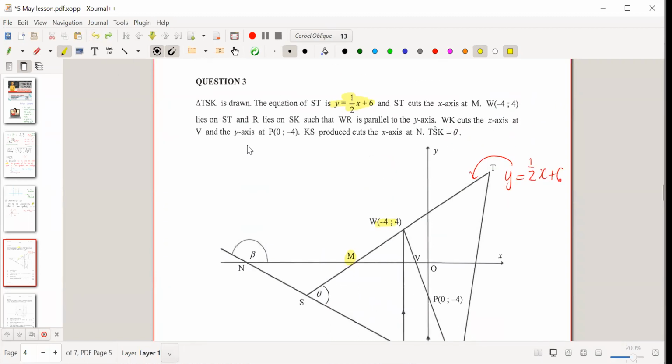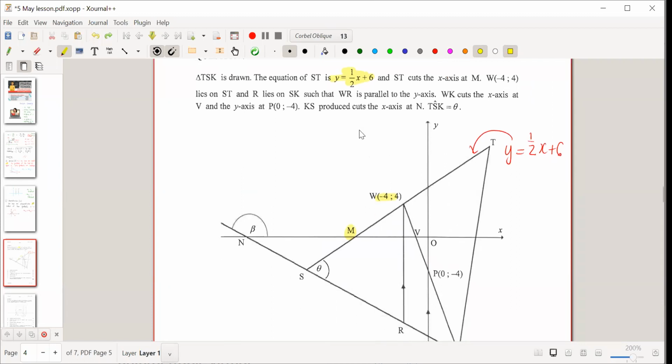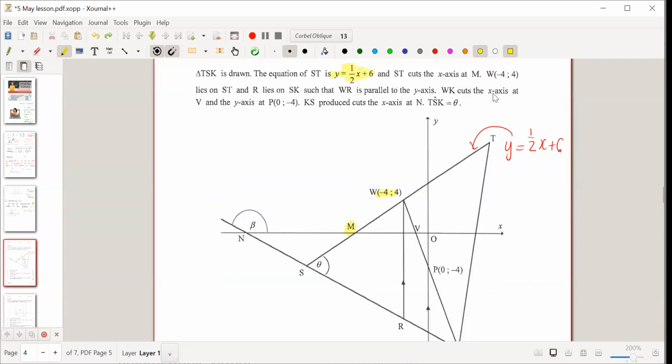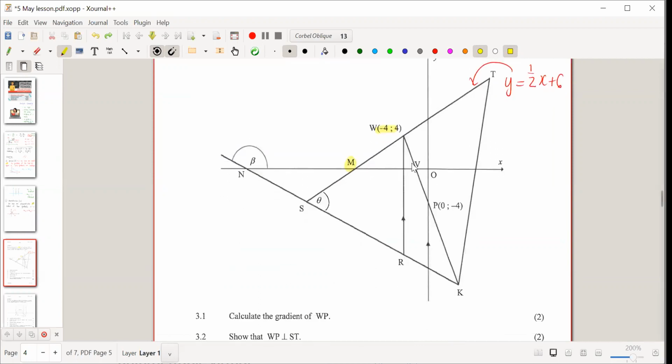What else do we know? WR is parallel to the y-axis. Okay, so this line segment is parallel to the y-axis. That's good to know. And WK cuts the x-axis at V and the y-axis at P. Yes, that's correct.